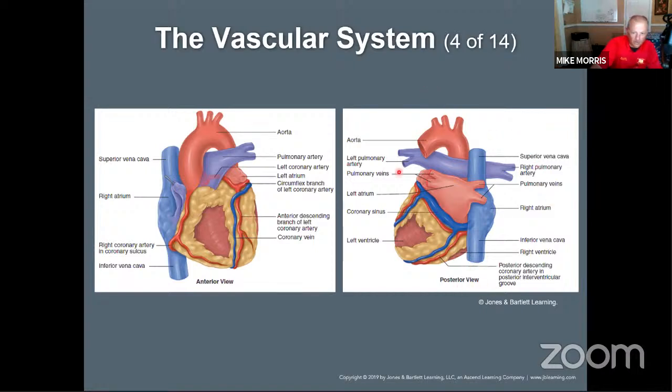Here's the back view right here. And you can see the back side here, this circumflex artery coming down.